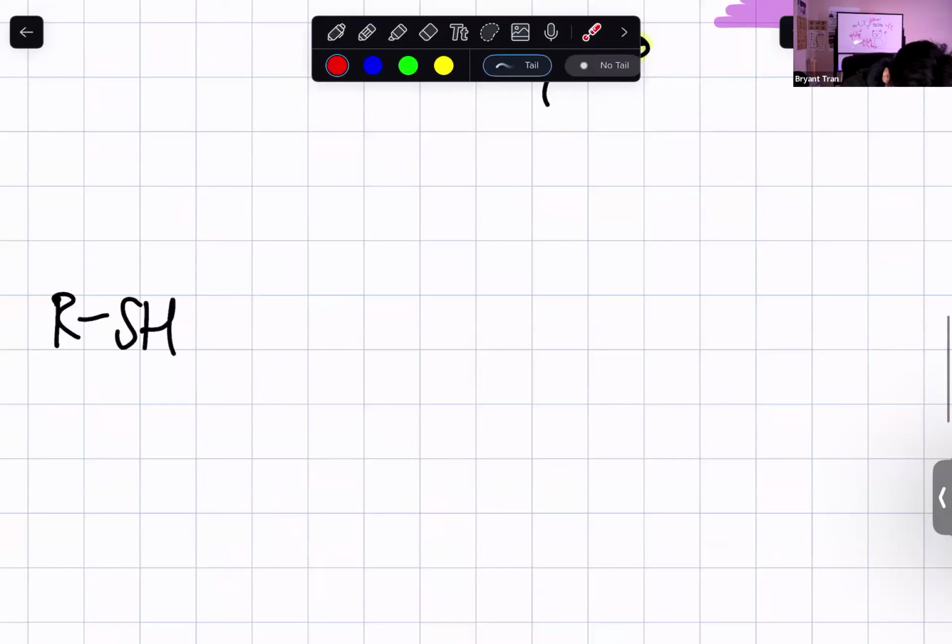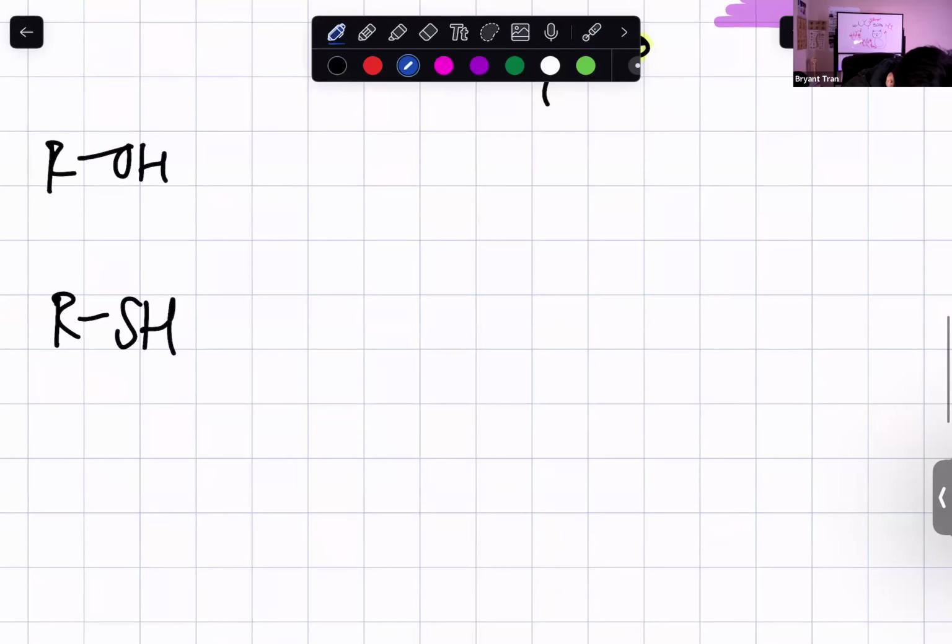So two oxidants? This is a thiol right here. It's similar to an alcohol, where the heteroatom, instead of an oxygen, is going to be sulfur. And sulfur is in the same group as oxygen, so it's one energy shell bigger than oxygen.